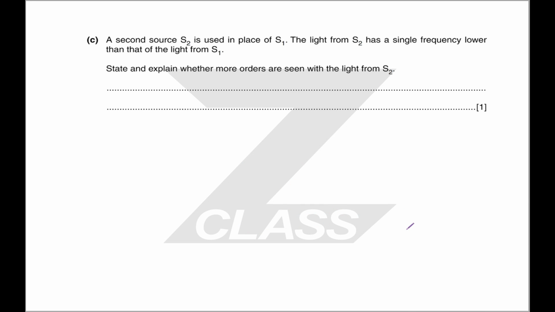A second source is used in place of S1. The light has a single frequency lower than that of the light from S1. State and explain whether more orders are seen. So, c equals f lambda for light, which tells us that lambda equals c over f.